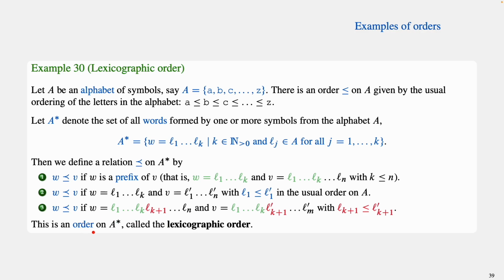And this is an order on the set A star of words formed from letters in A, and it's called the lexicographic order.